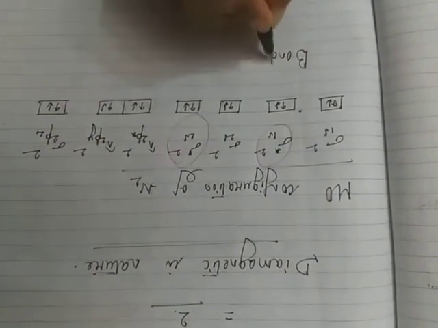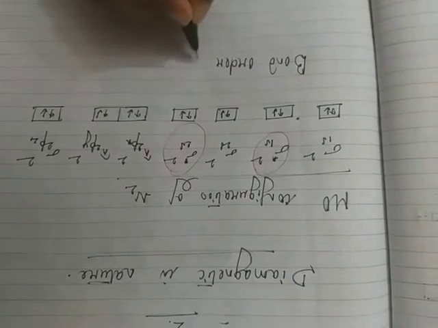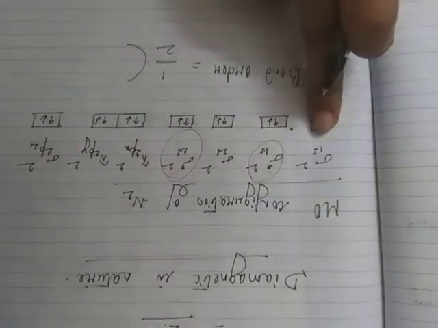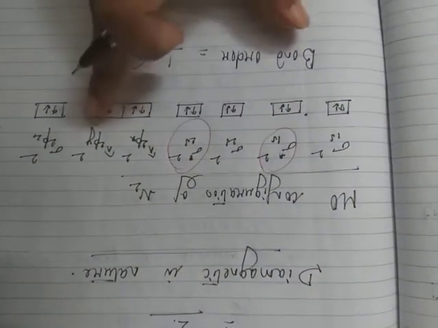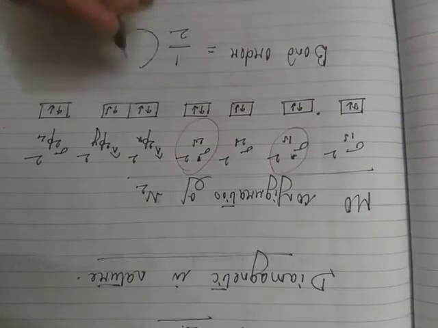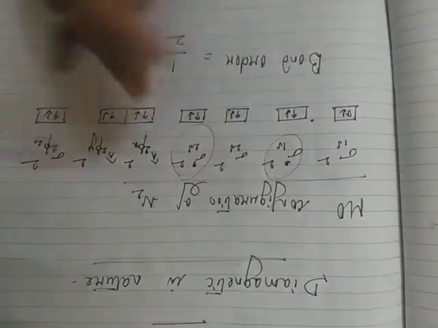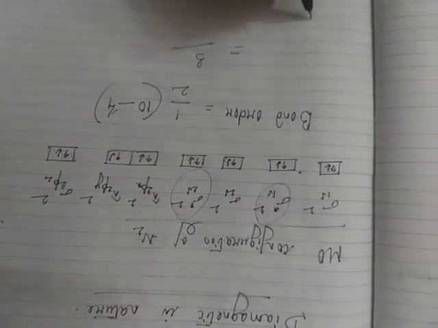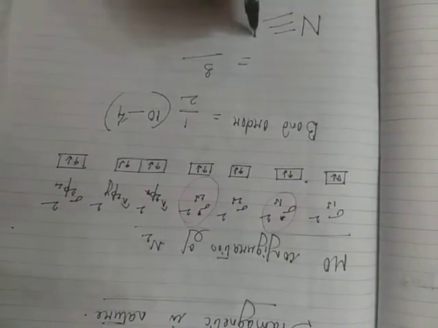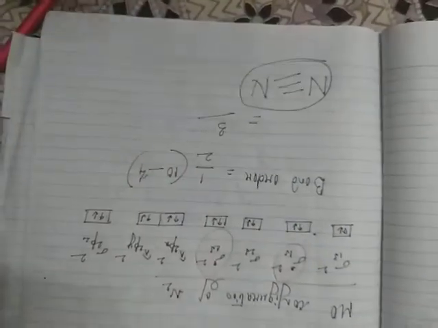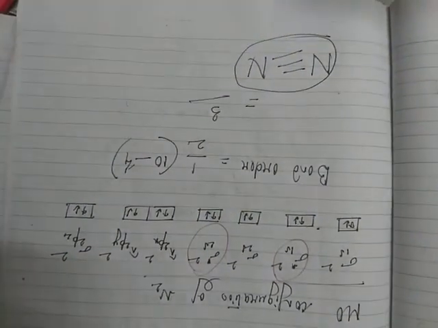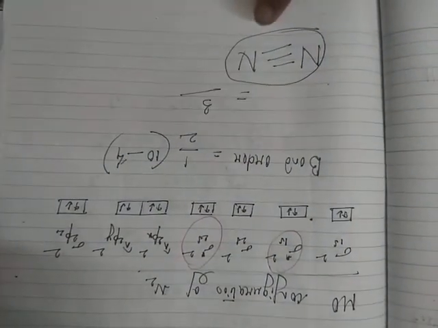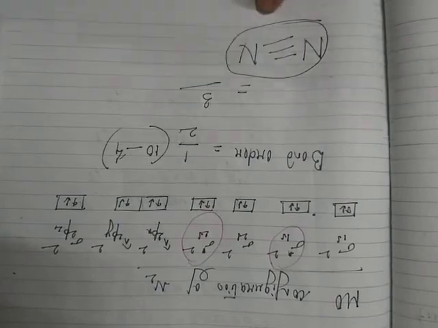Therefore, the bond order would be half into total number of bonding electrons, 2, 4, 2 and 2, 8 and 2, 10, minus anti-bonding electrons, which are 4. That is, the bond order is 3, which clearly indicates that nitrogen has the strength of a triple bond between the 2 nitrogen atoms, and that's how dinitrogen is very stable and chemically less reactive.